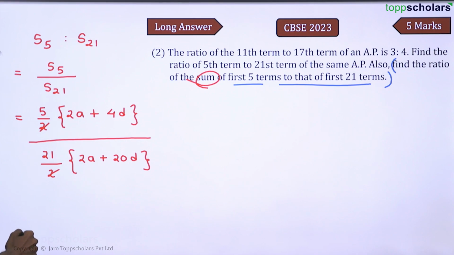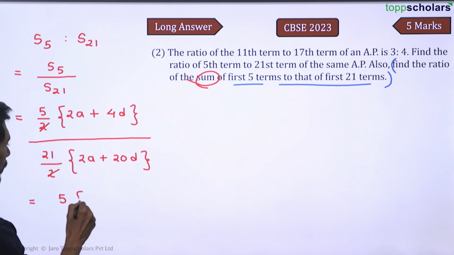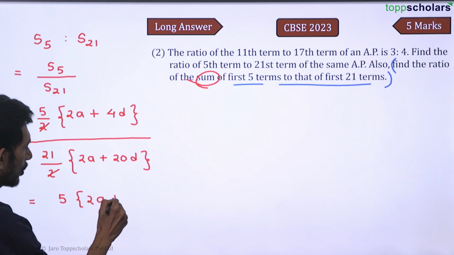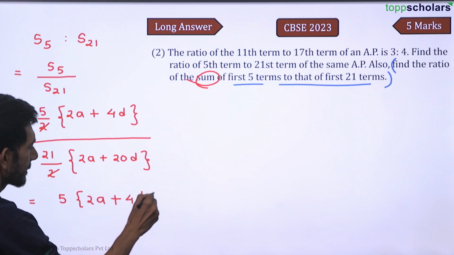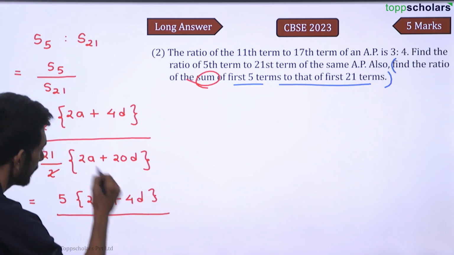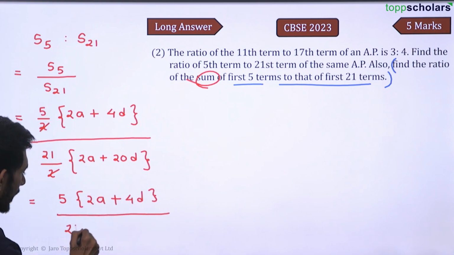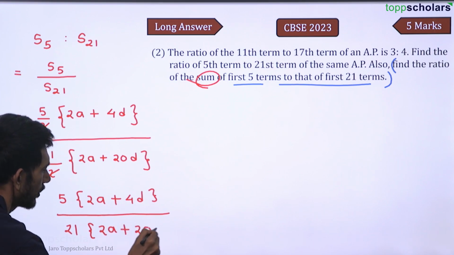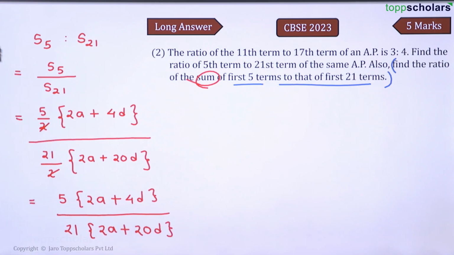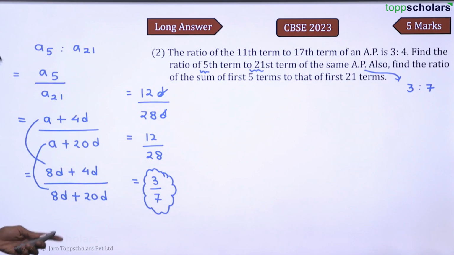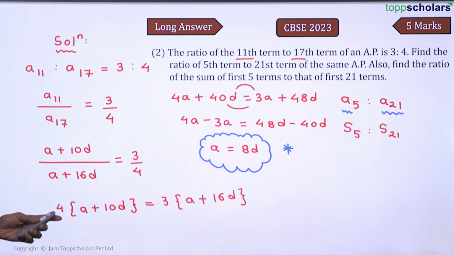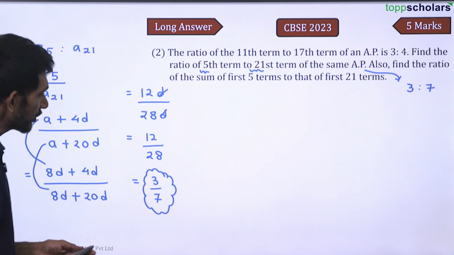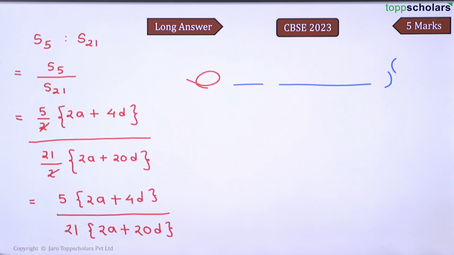So this further becomes 5 into 2a plus 4d, and this becomes 21 into 2a plus 20d. But what is a? Don't forget, a is 8d, right? So let us put that. Instead of a, let us put 8d.